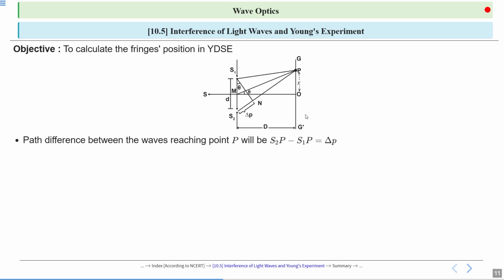So S1N is perpendicular to MP and S1S2 is perpendicular to MO. So the angle between these two lines, S1S2 and S1N, will also be theta.